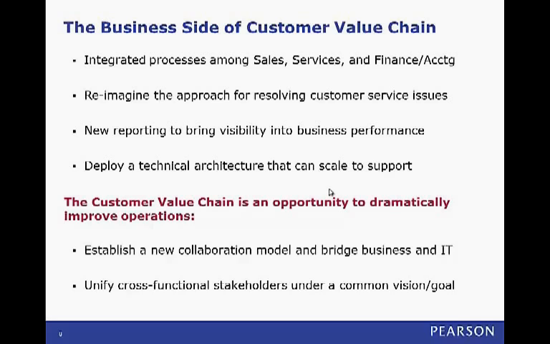So let me talk a little bit about the customer value chain and why we are so passionate about driving this level of transformation across our company. So in our environment today, we have a great set of sales, marketing, and call center capabilities.